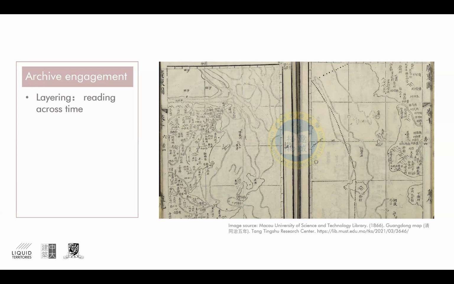By doing this, when you layer this map with modern maps that are accurately mapped, such as satellite images, GIS data, or official planning document, it's not only about spotting the differences, but also about reading across time.